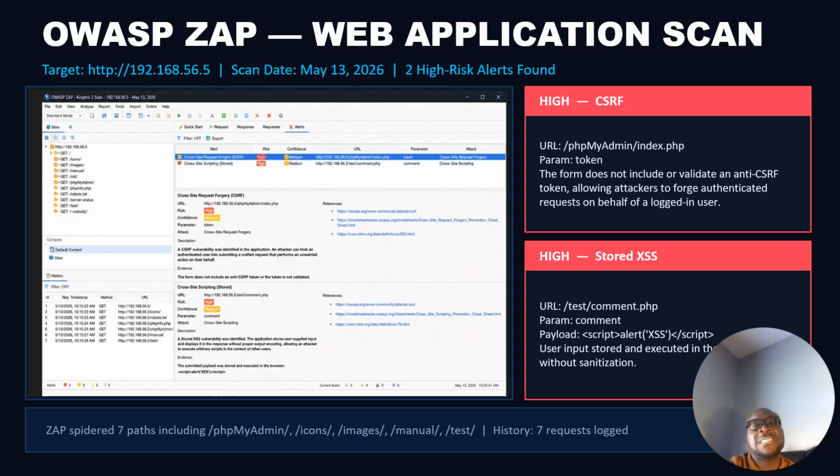The second is a stored cross-site scripting vulnerability in the comment parameter at /test/comment.php. The payload script alert was stored and executed in the browser, confirming unsanitized stored input.